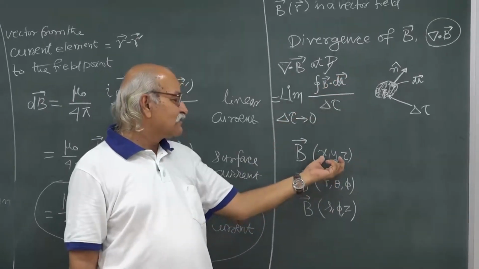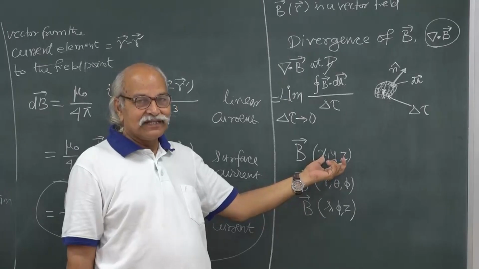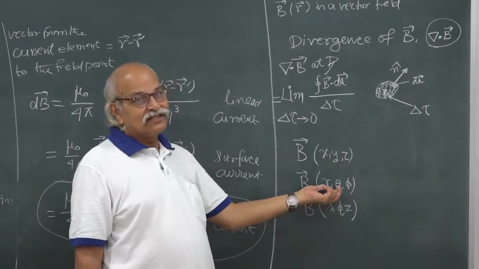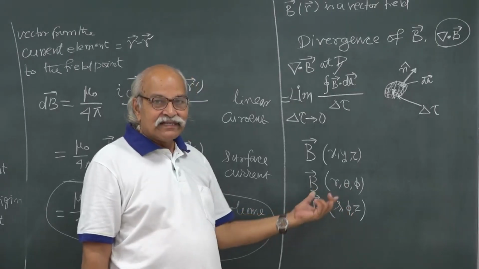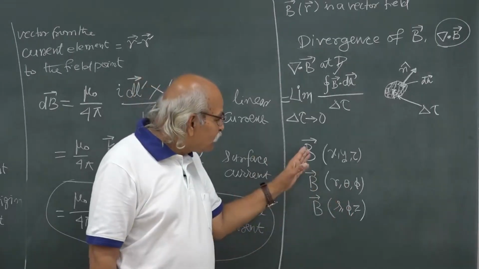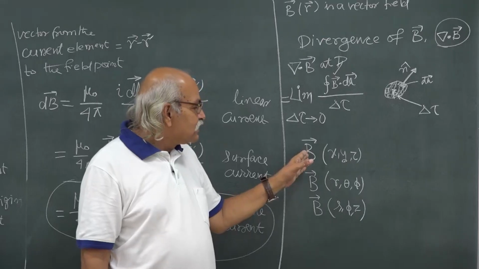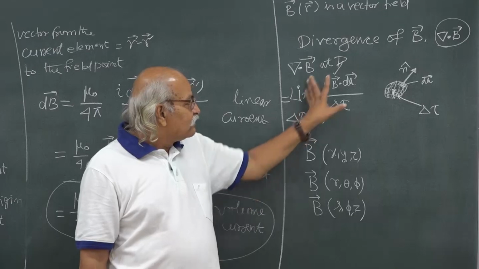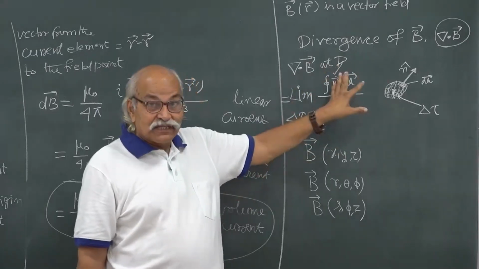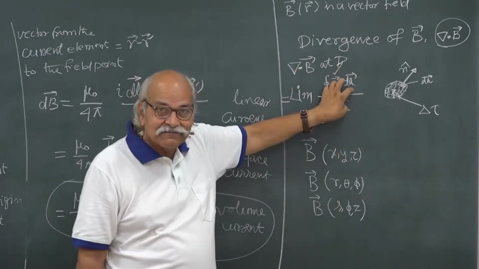You can tell what is x, y, z if you are using Cartesian coordinates, or r, theta, phi if you are using spherical coordinates, or s, phi, z if you are using cylindrical coordinates. So, if you know this magnetic field in terms of the coordinates, you can write the divergence of B without going through this operation, but this is the definition.